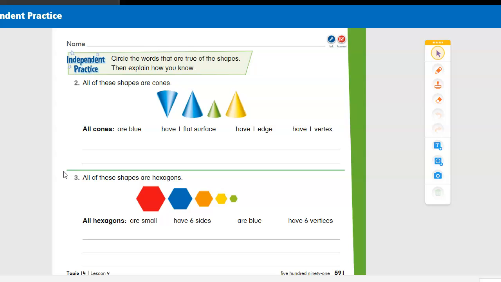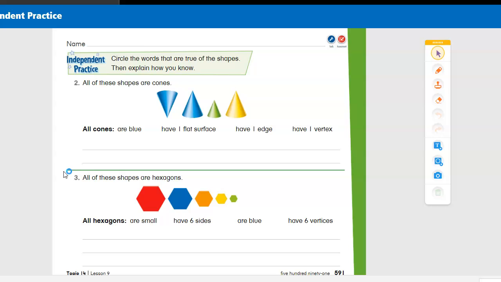All cones have 1 edge. And all cones have 1 vertex. So it wants you to circle the words that are true of all of those cones. And then it wants you to explain, how do you know that these statements are true for all cones?